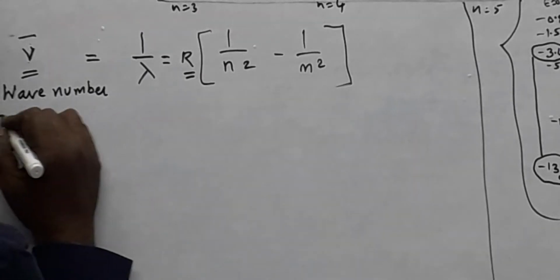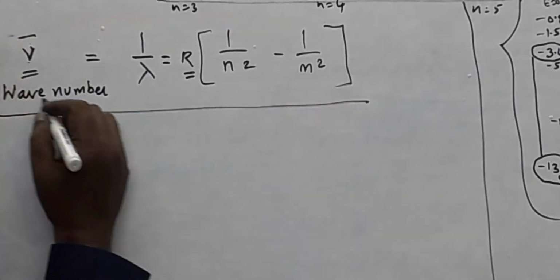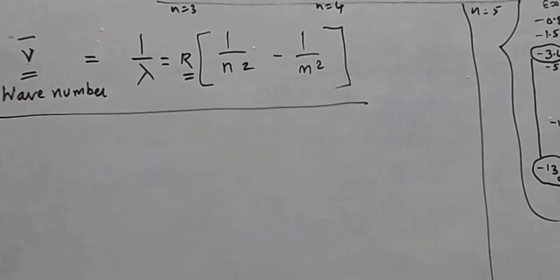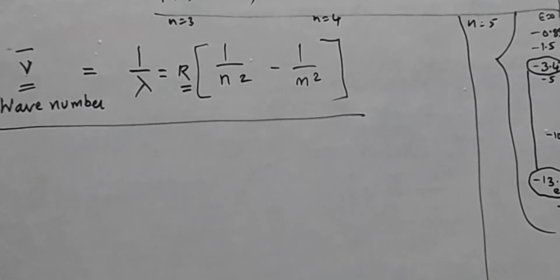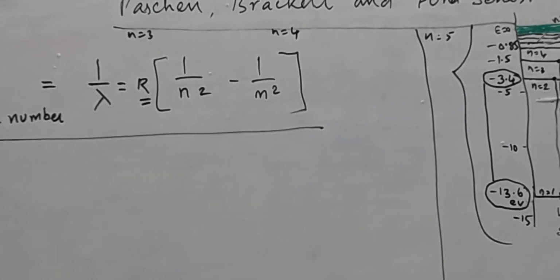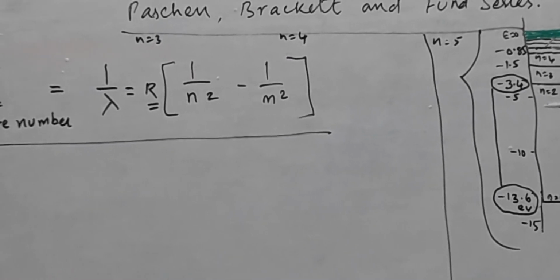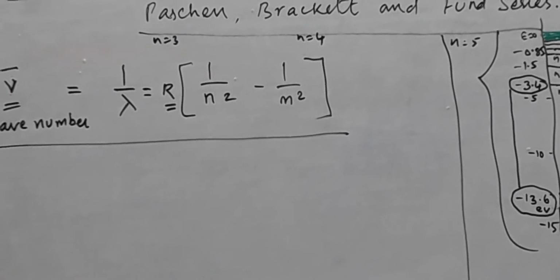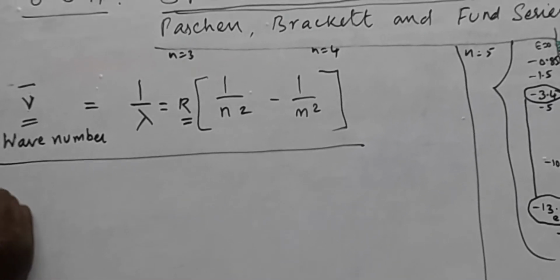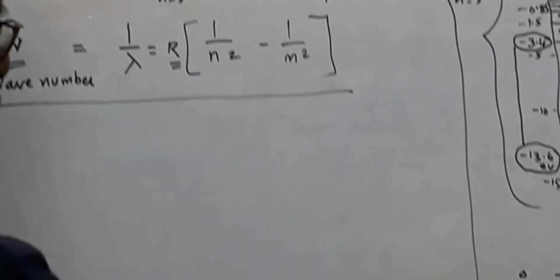This is the equation to find the wave number of any particular line of any series. That is a very important equation. From this we can explain the Lyman series. Suppose when n1 is 1, we can explain the Lyman series.